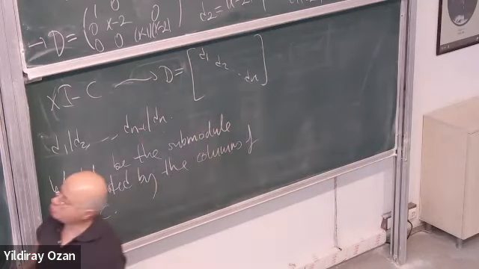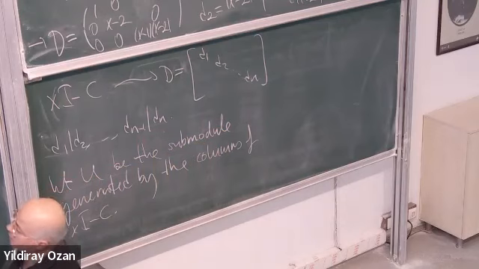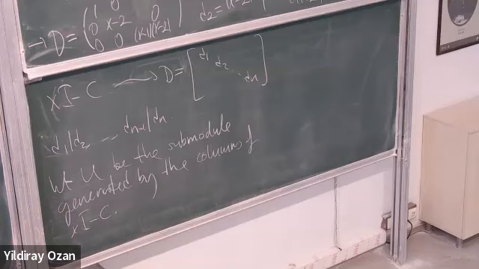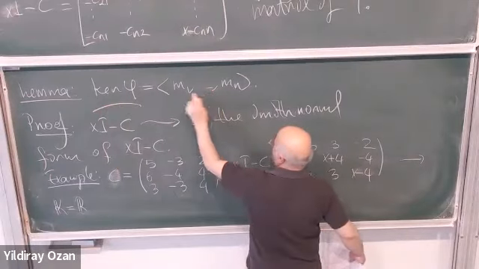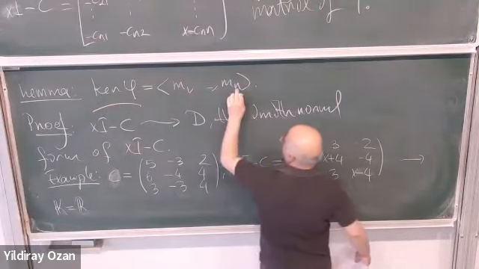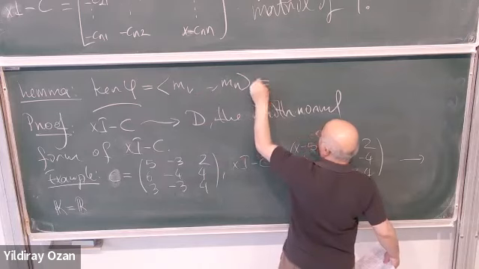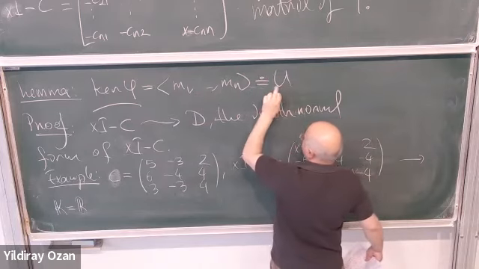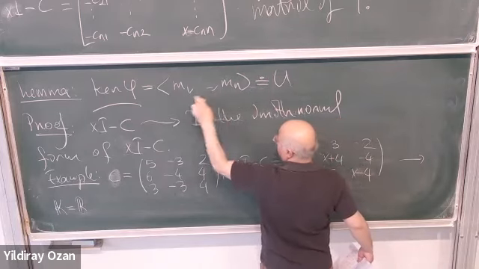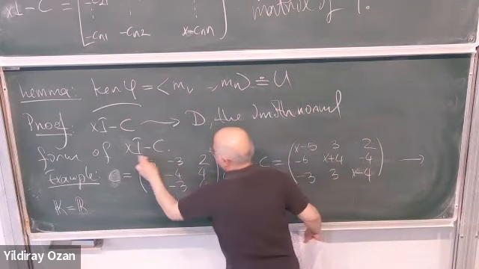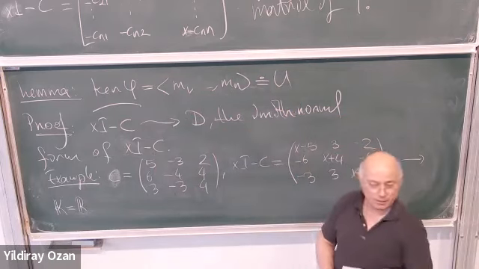My aim is to show that kernel of our homomorphism is equal to this. I give a name to this. So this thing is called the submodule U, generated by the columns of x minus identity minus c. Okay.